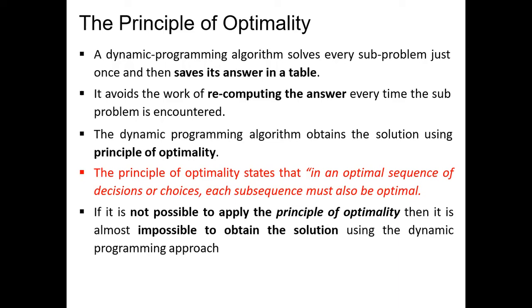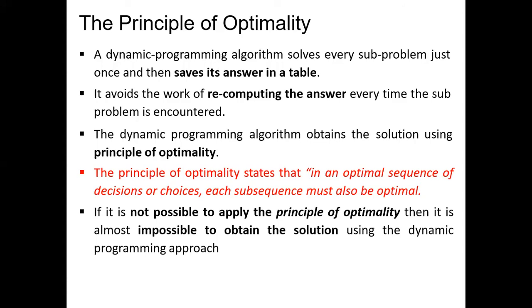That means in an optimal sequence of decisions or choices, each subsequence must be optimal. What is its meaning? That means if we want to get the optimal solution of the final problem, the subproblems should also be solved optimally. That means the optimal solutions of the subproblems can be combined to get the final solution.